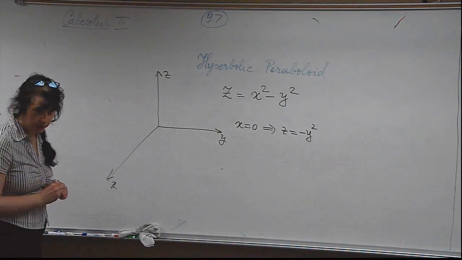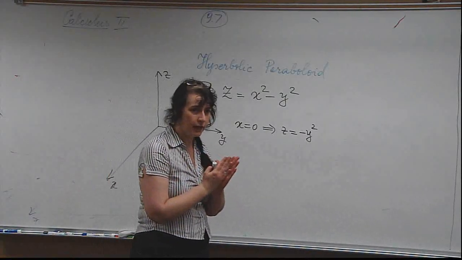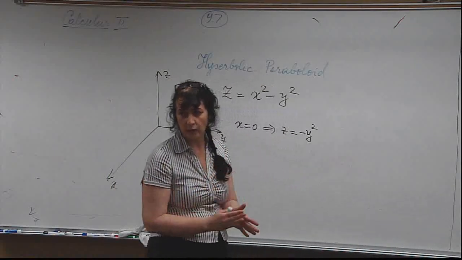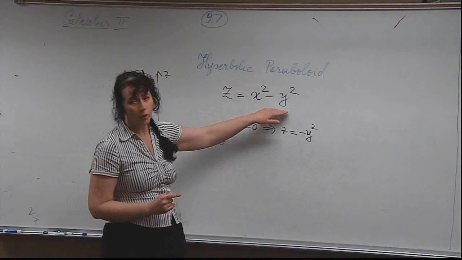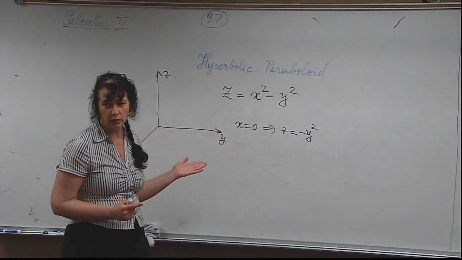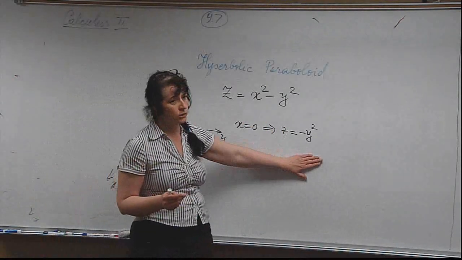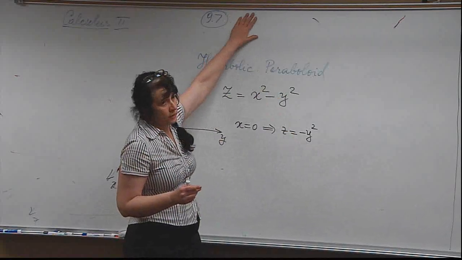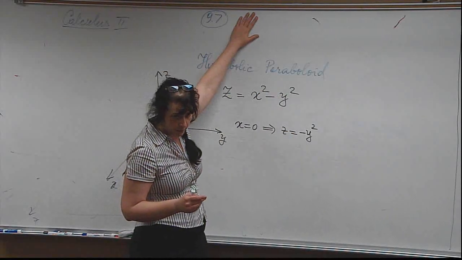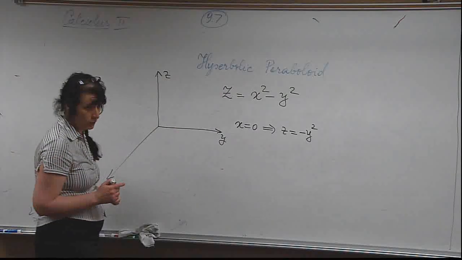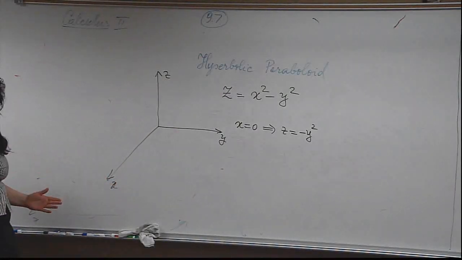This is what we call such a thing. If we fix the x to be x0, we get a coordinate line. If we fix the y to be y0, we get another coordinate line. There are two families of lines. What is z equals minus y squared drawn on the board, in this plane? It's a parabola that opens upside down.